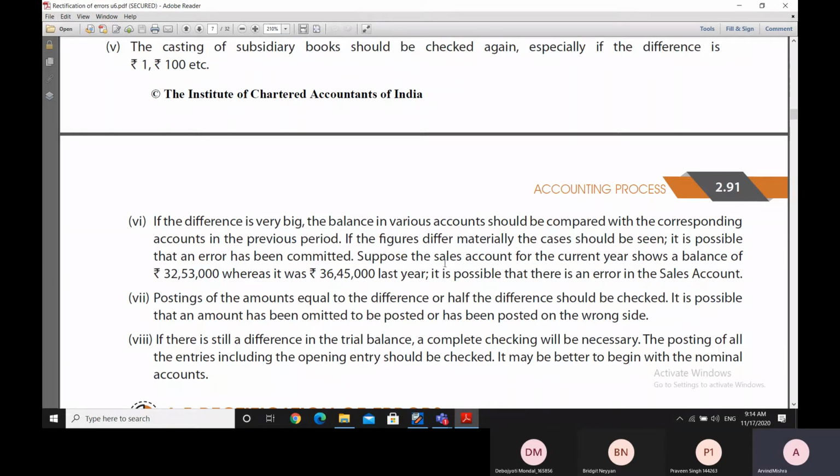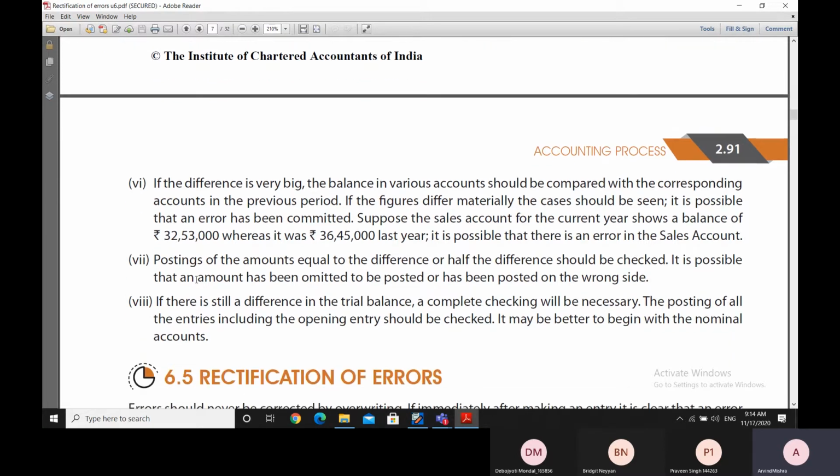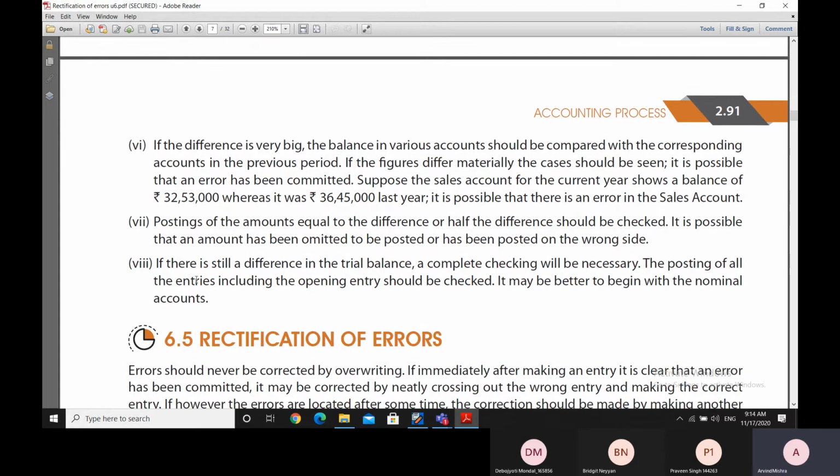Let us say, for example, the balance in the sales account for the current year is showing 32,53,000, and last year it was 36,45,000. If we know that sales have not gone down, then how is this lesser figure coming? That will give us an idea that there may be some error in the sales account. So here we are comparing the figure of an account with the previous accounting year's figure.